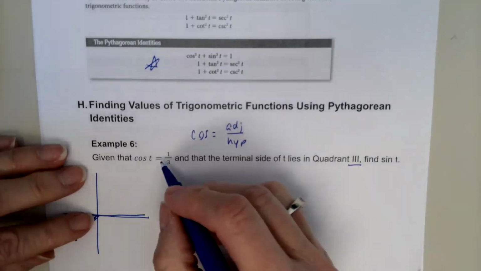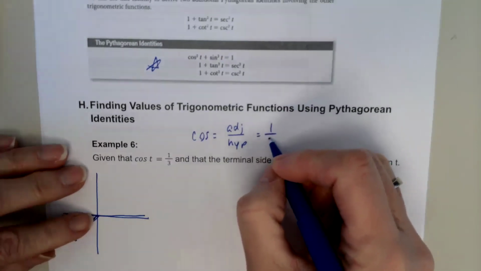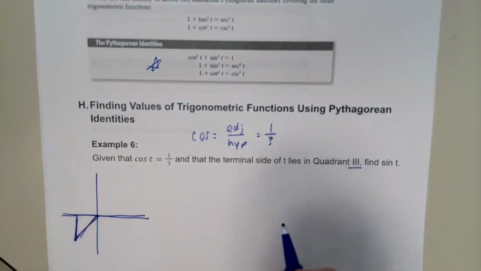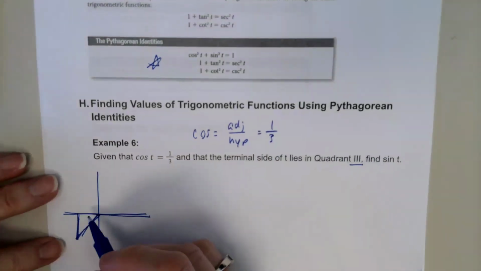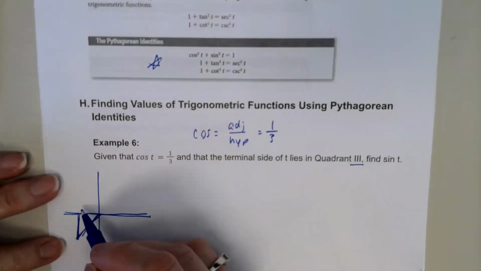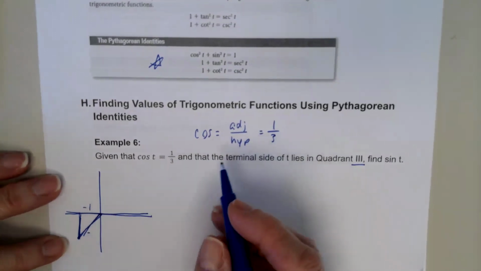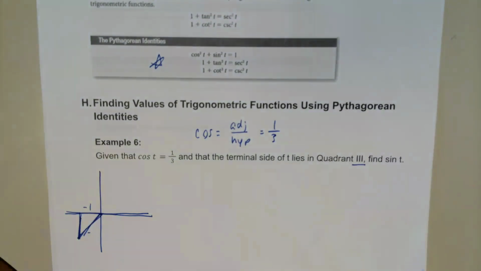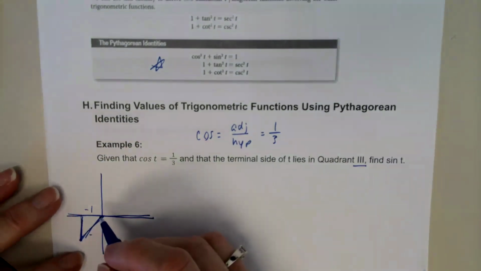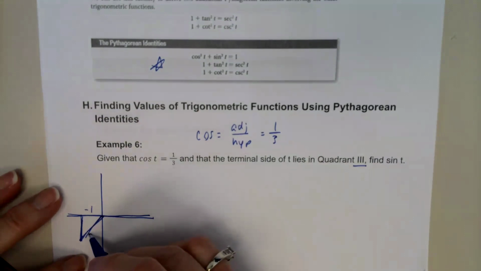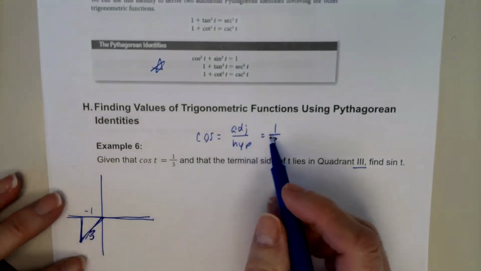So in this case, it's 1/3. But we have to remember that cosine is negative in the third quadrant, and so is sine. So it's a -1, and then the hypotenuse is going to be the 3.